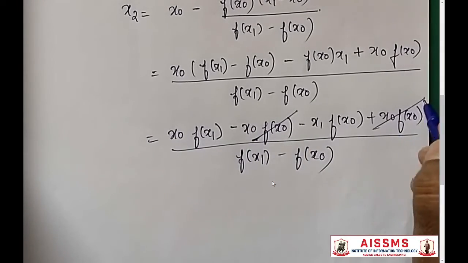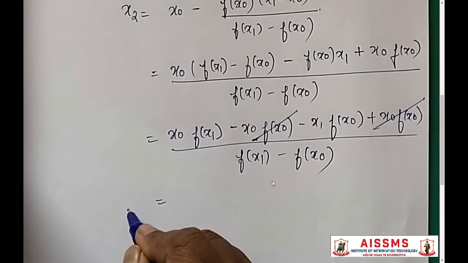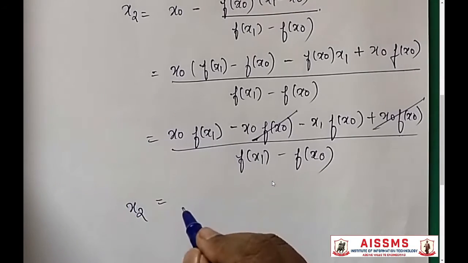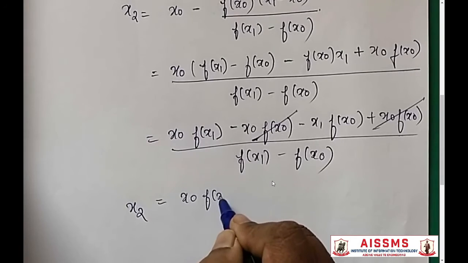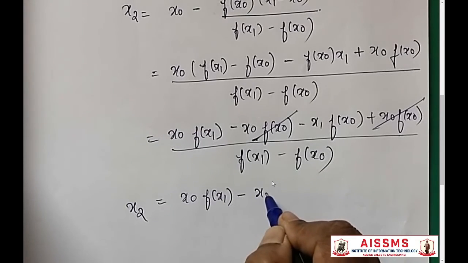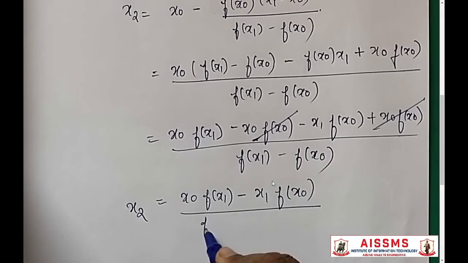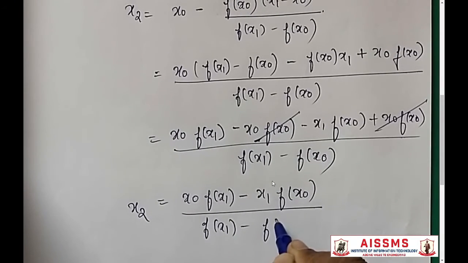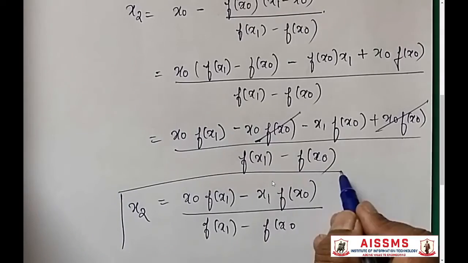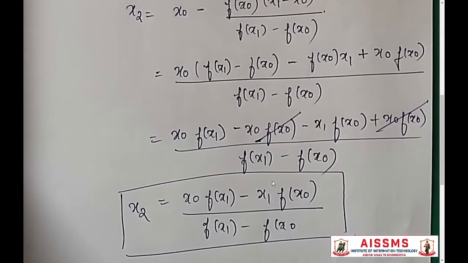These two terms will cancel each other. So finally you will get x2 is equal to x0 f of x1 minus x1 f of x0 upon f of x1 minus f of x0. From this you will get the value for x2.